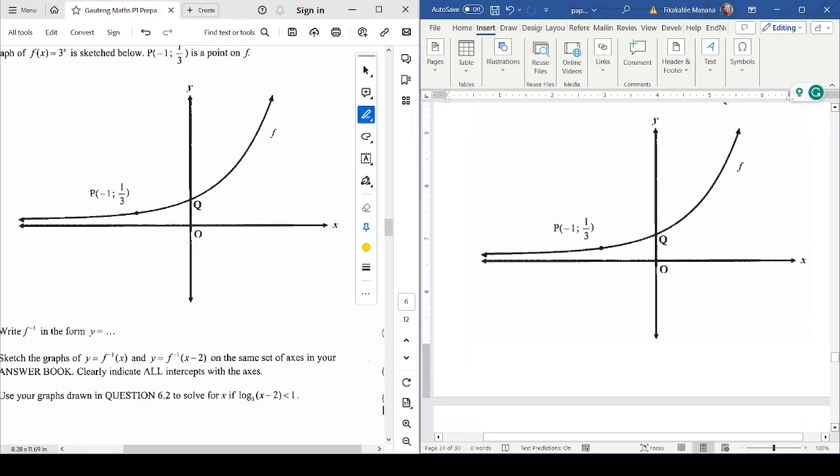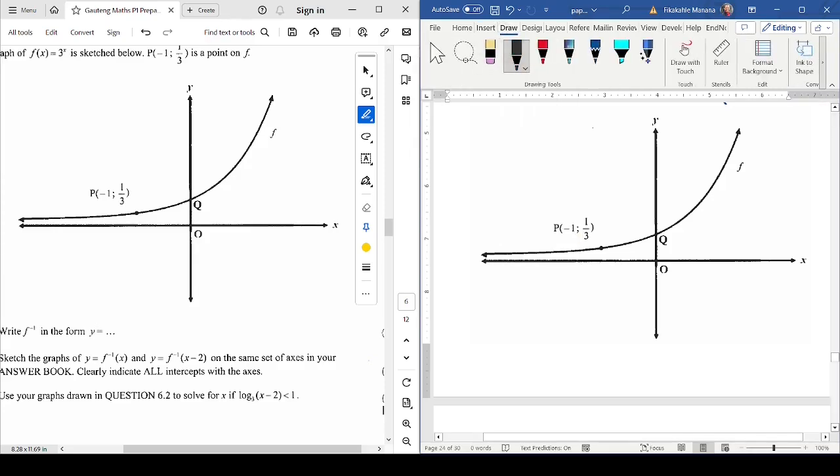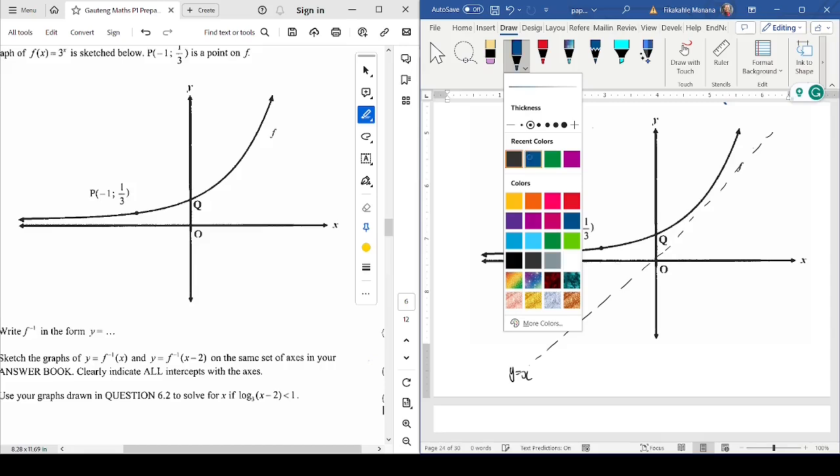So if we're going to look for the inverse of f, first of all, remember that your inverse is actually symmetric about the line y is equal to x. So let's just say, for argument's sake, that this is my line, y is equal to x. And then I can start sketching.